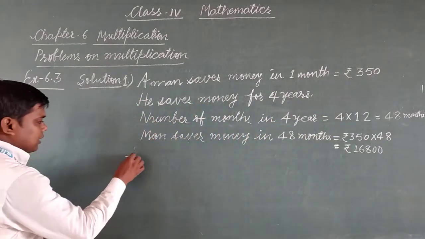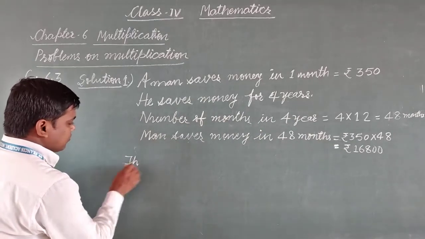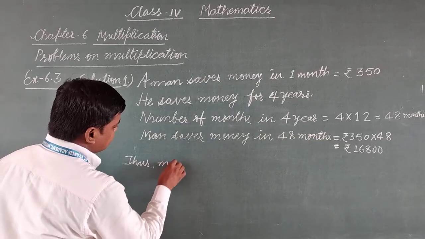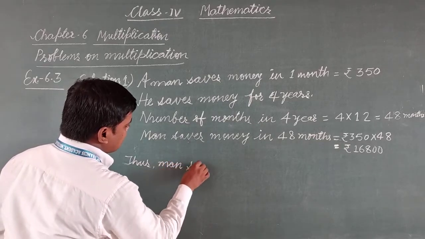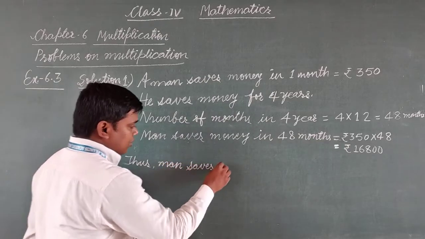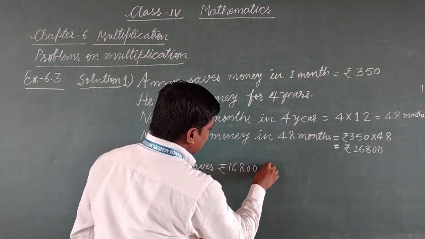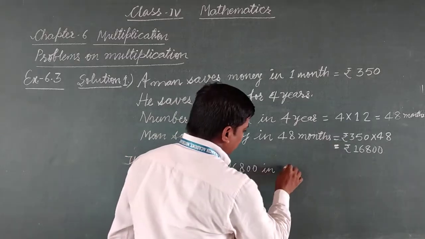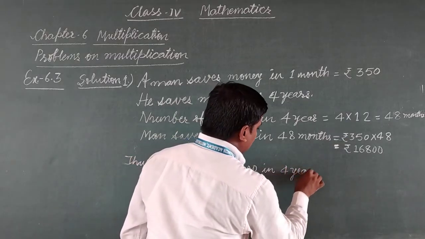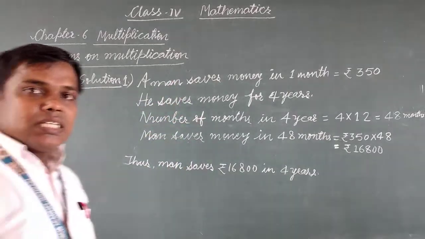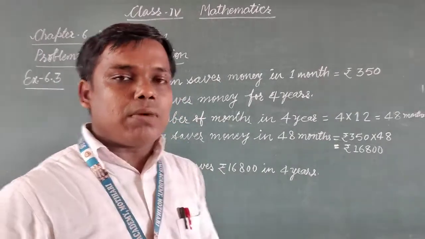At last you can write thus 16,800 in 4 years. So this is the solution of question number 1. Similarly, you will solve other questions.